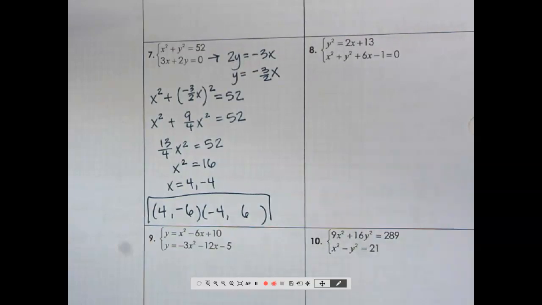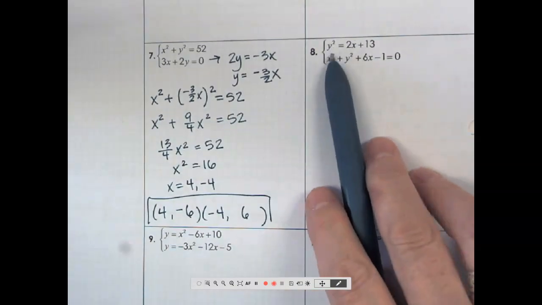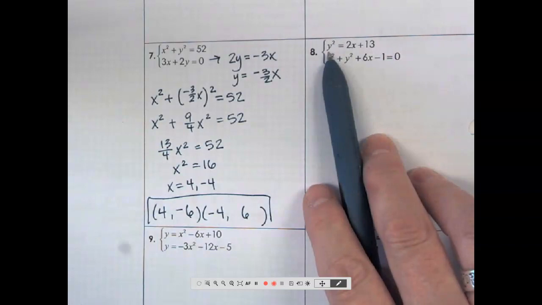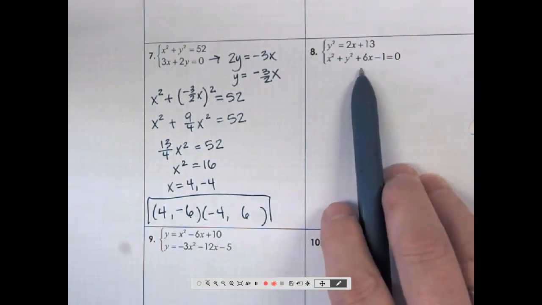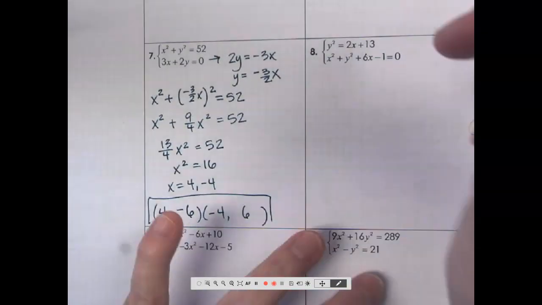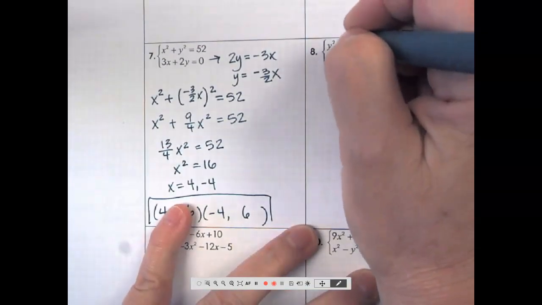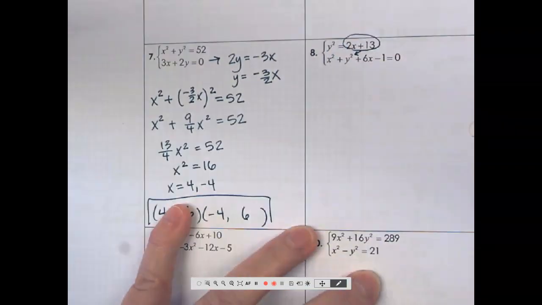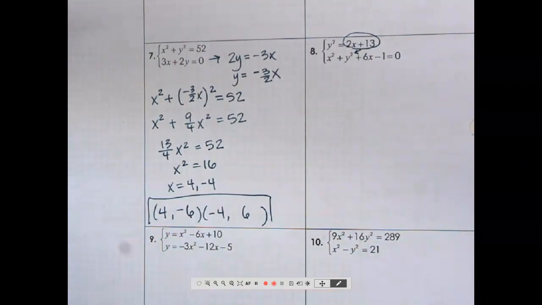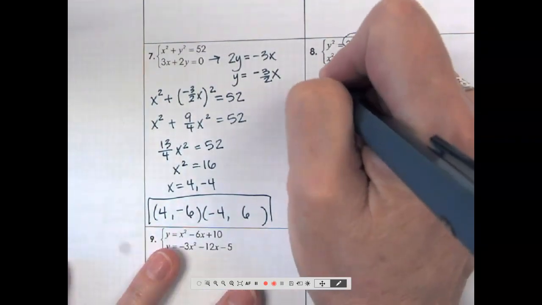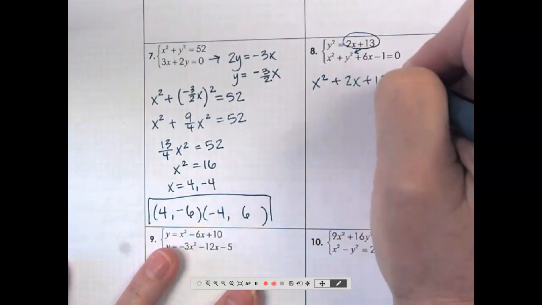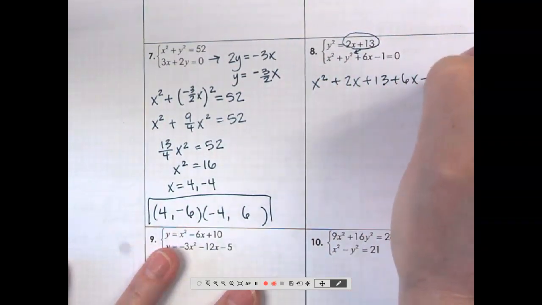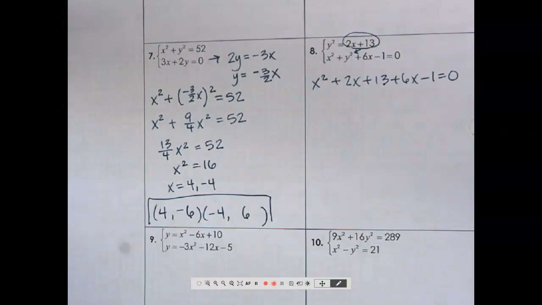It's already set up for substitution because it's already solved for y squared. Do I need y? Not really, because there's not even a y here, there's a y squared. So I could just take this whole 2x plus 13 and plug it into y squared. So I get x squared plus 2x plus 13 plus 6x minus 1 is 0. What would you do next?